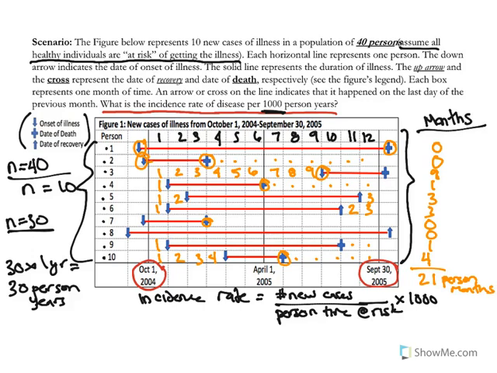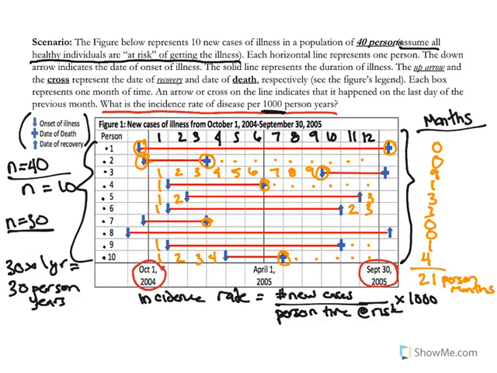So now, the problem asks us to calculate the incidence rate per 1,000 person years. So that means that first, in order to calculate our rate for person years, we have to divide that person months to come up with number of person years.